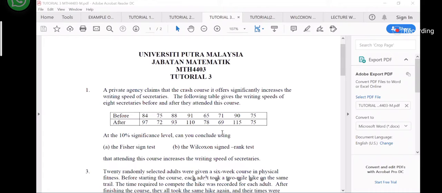Those are dependent samples. Okay. So for number 1, what do you get?